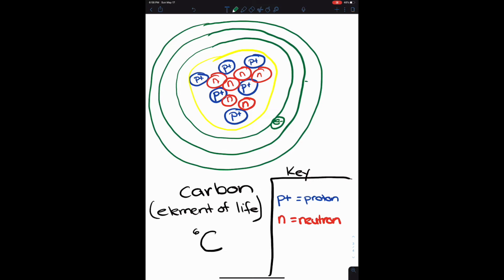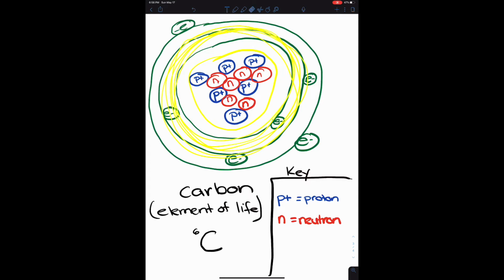I'm going to put 3 on this one. 1, 2, 3. And then I'm going to put 2 on this outer one. 1, 2. Okay? And like I said before, remember, these guys are constantly moving around this nucleus.